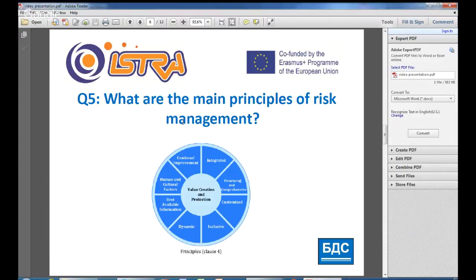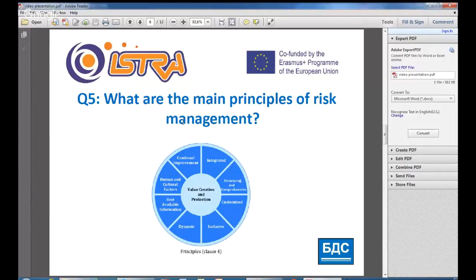Integrated. The principle implies that risk management is an integral part of all organizational processes. This will be explained in more detail a little bit later. Structured and comprehensive. Risk management is systematic, or should be systematic, structured, and timely.